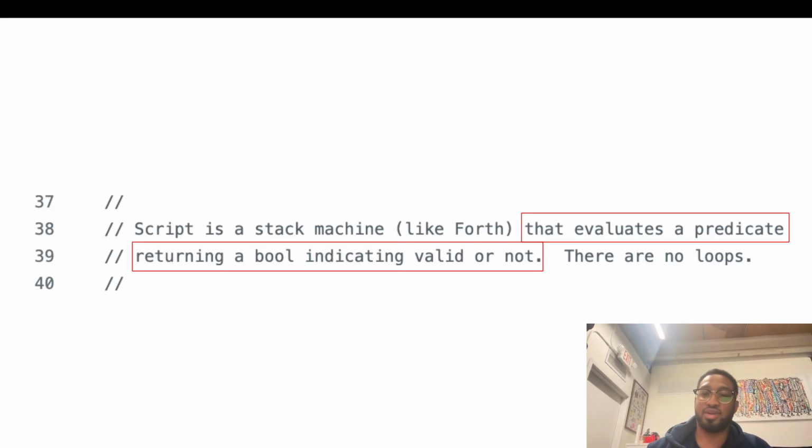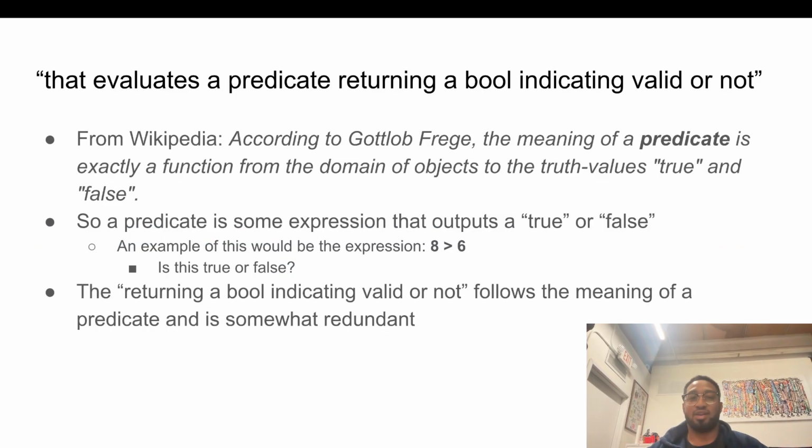Now, the next part, that evaluates a predicate returning a bool indicating valid or not. Okay, well, what does that mean? From Wikipedia, according to Gottlob Frege, however you say this guy's name, the meaning of a predicate is exactly a function from the domain of objects to the truth values true and false. Now, I don't know if that helped you get a better understanding or not, so I put my own explanation.